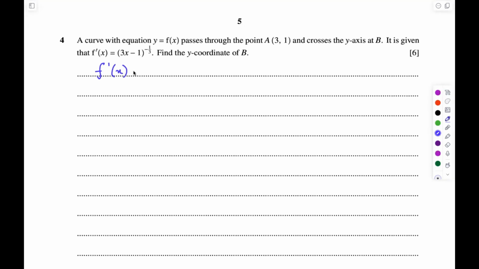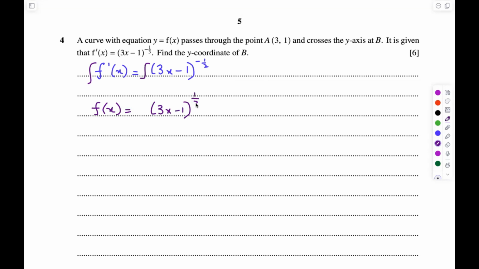So we know that the derivative of f of x is (3x minus 1) to the power minus 1 upon 3. To find the expression for f of x, we'll integrate the expression for f dash of x. So f of x will be equal to (3x minus 1), we'll increase the power by 1.